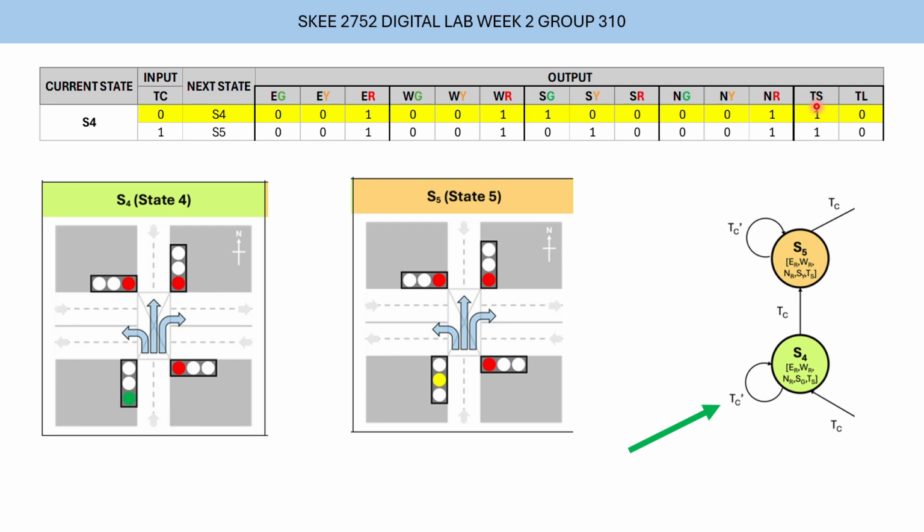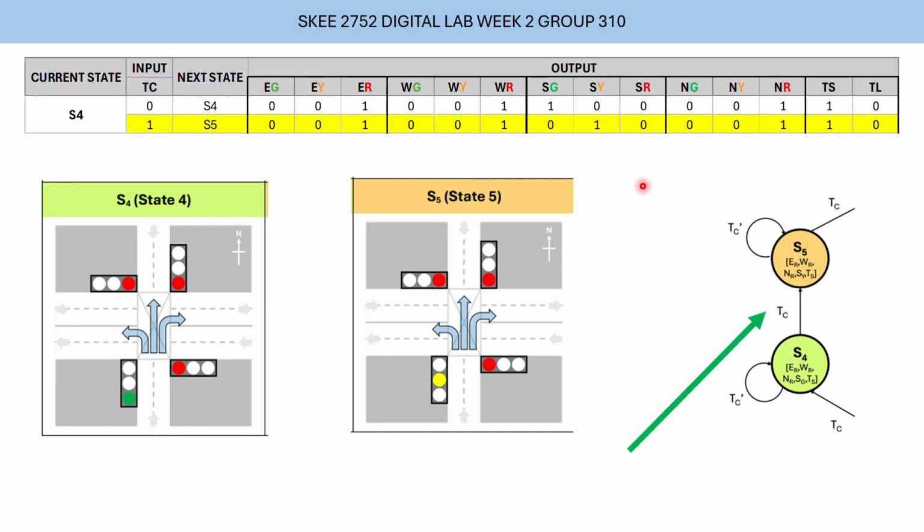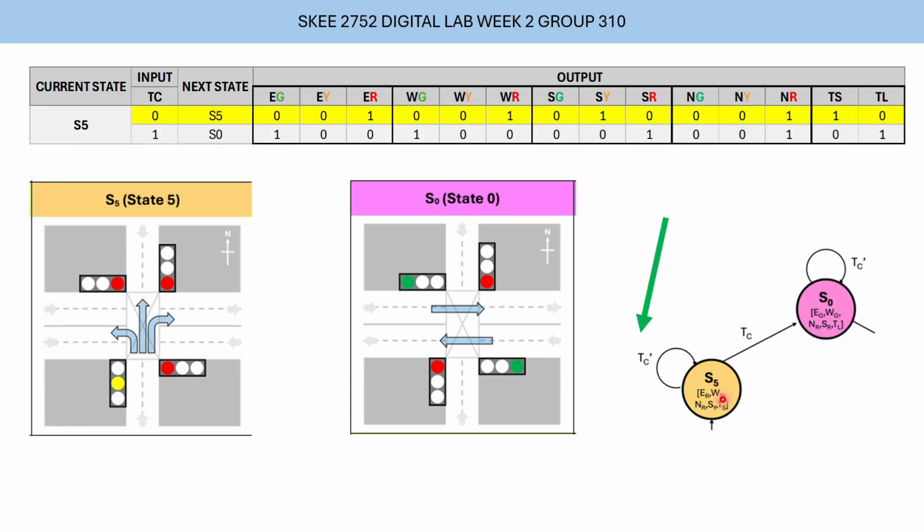When S4 receives a signal from the timer module, it will go to S5, state 5, in which east, west, and north will be red light, and south will be yellow light, short timer. When state 5 did not receive any TC signal, it remains with only south yellow, and east, west, and north will be red light, short timer.